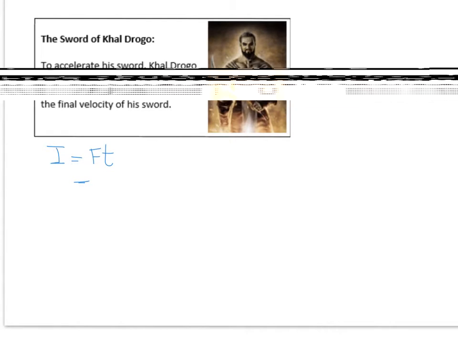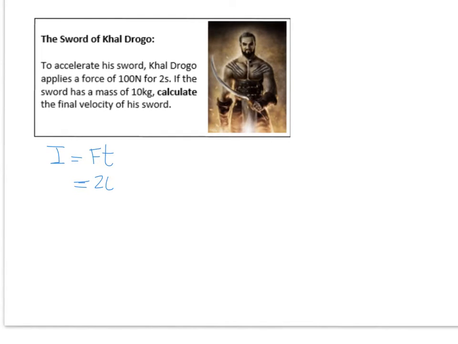So that is going to be 200 times by 2, so it's going to be 400 Newton seconds. We know an impulse is defined as a change in momentum. So essentially the change in momentum of the sword was 400 Newton seconds.